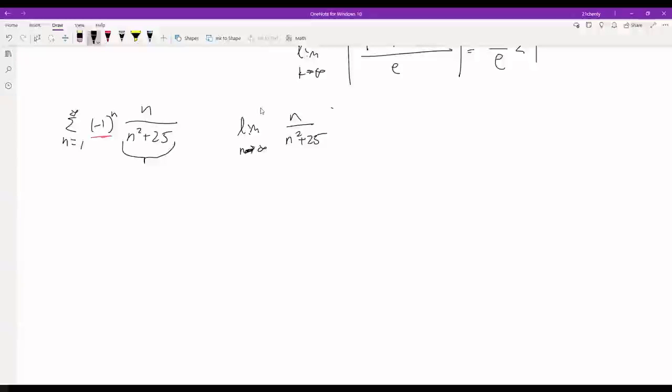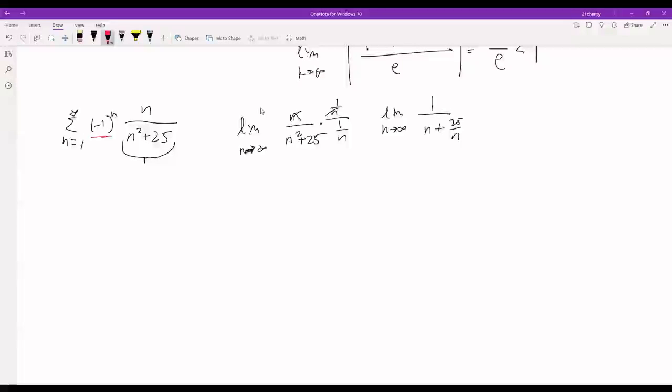But again, if you want a more mathematical justification, we can multiply by 1 over n over 1 over n, which is just 1. And we see that the top equals 1. Limit as n approaches infinity of n over n, or 1, over n plus 25 over n.